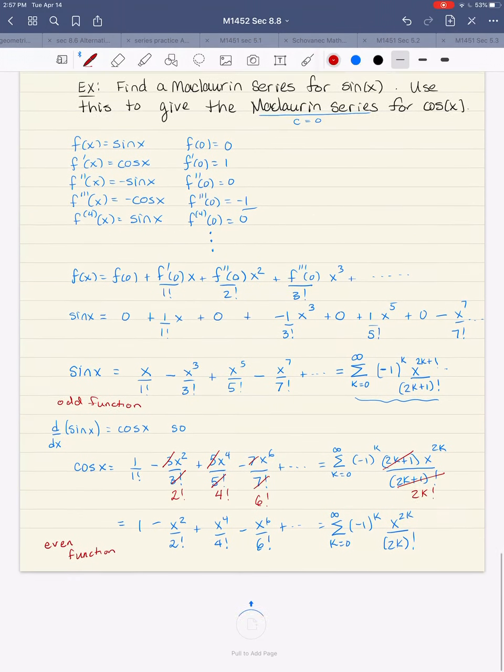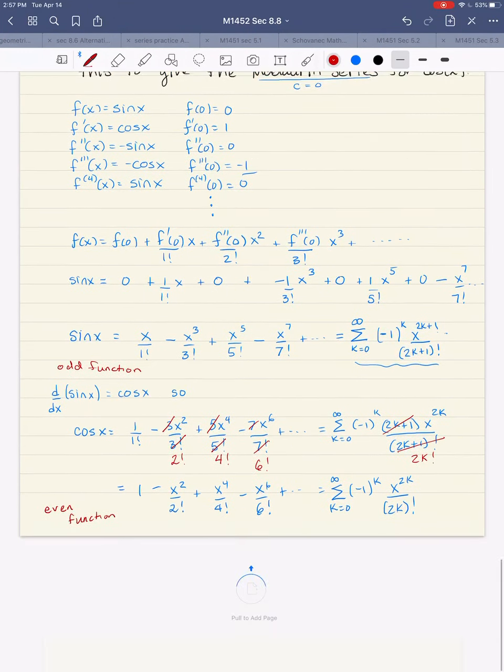I'll save you some time on this. All of this stuff is in table form, and I want you to look at the table. It's in your text, and I'll try to remind you of this. We should know the power series, or the Maclaurin series.